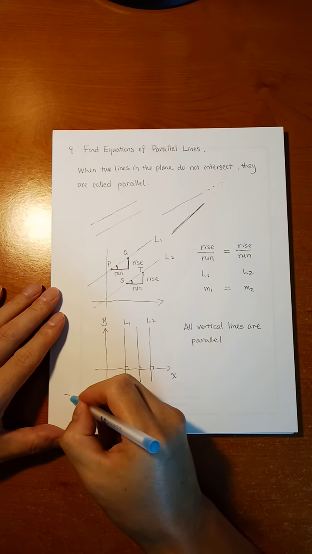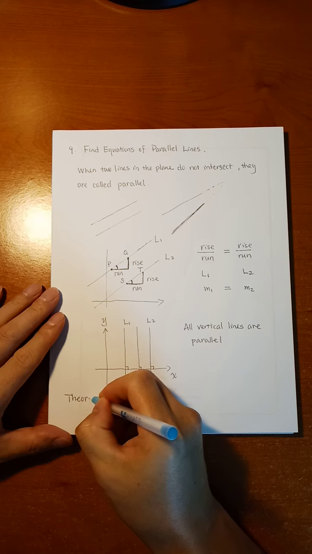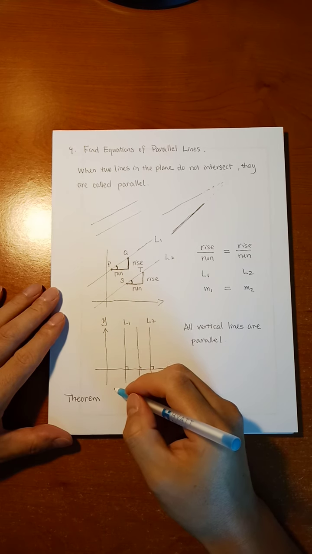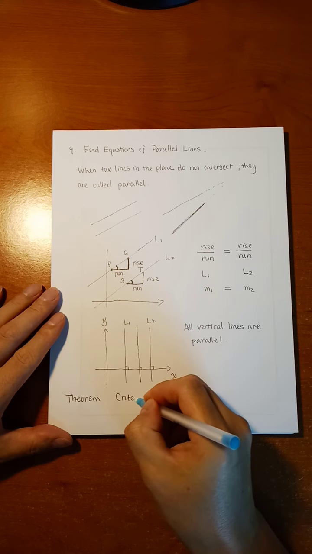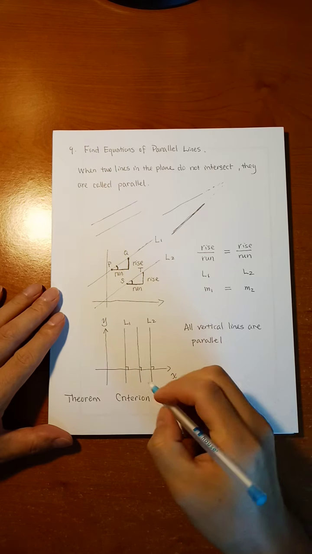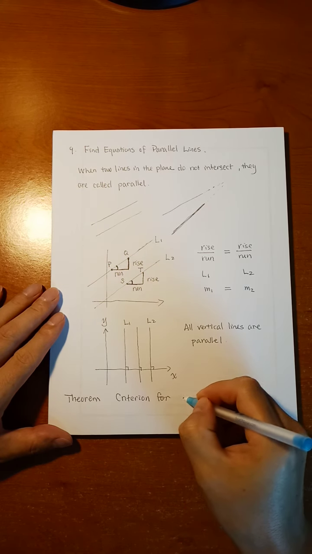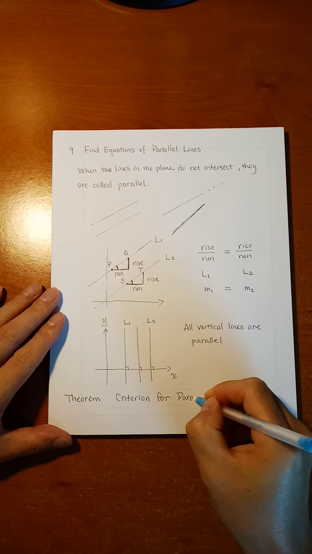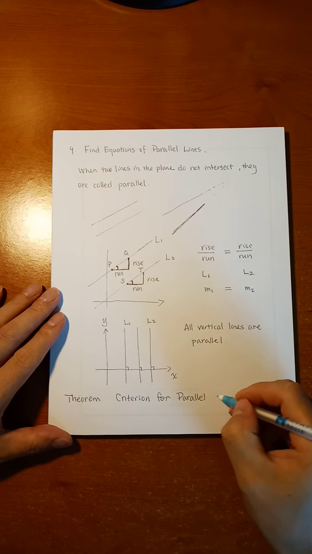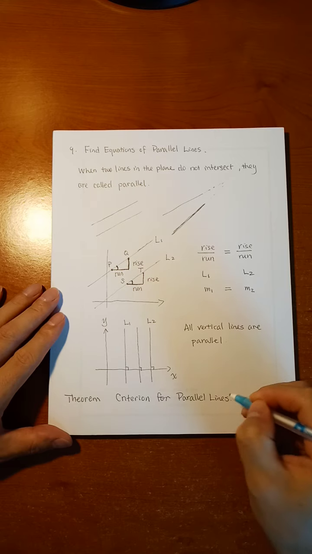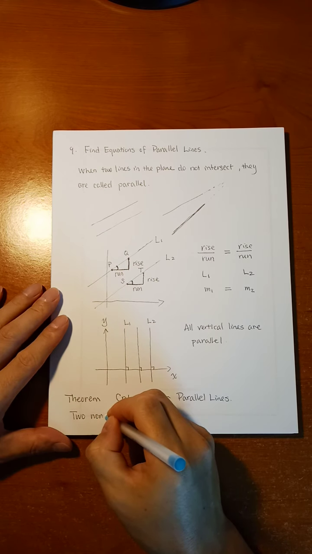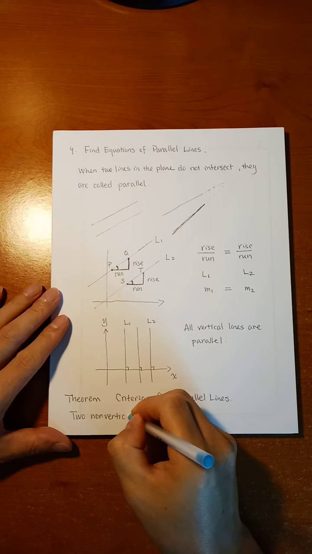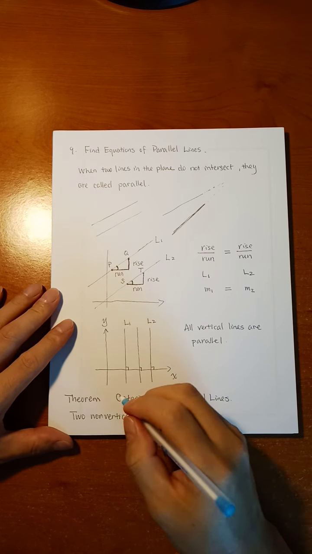And the theorem is called the criterion for parallel lines. Two non-vertical lines, non-vertical means we can talk about the slopes.